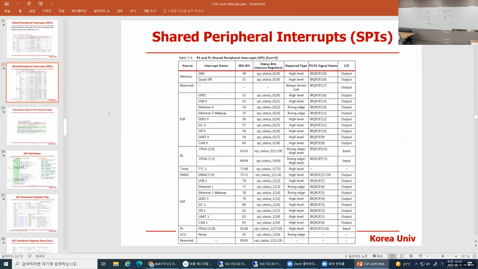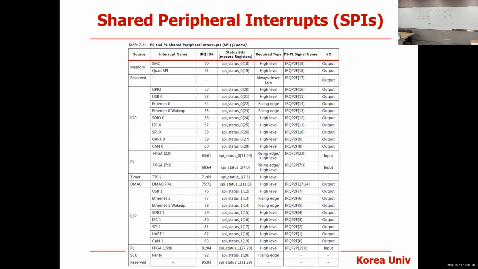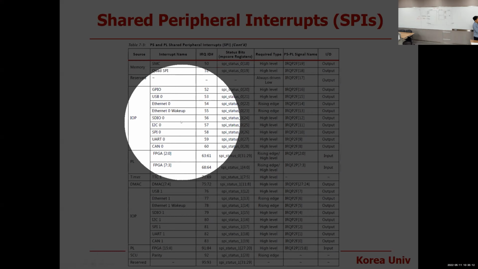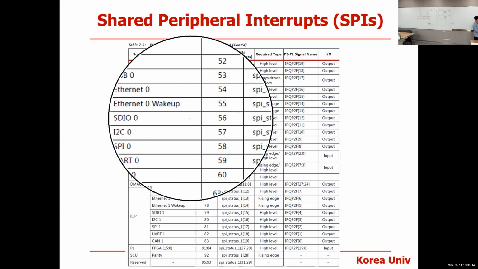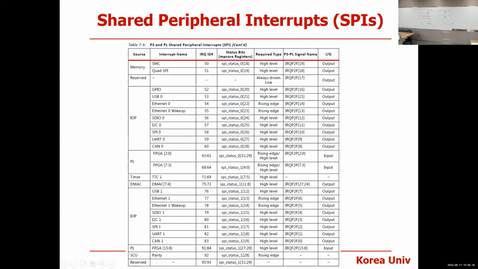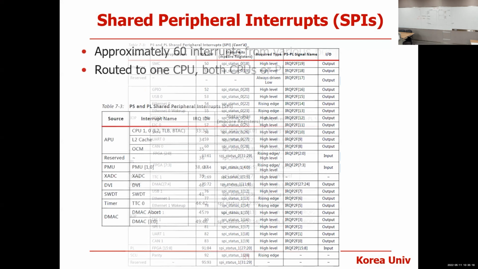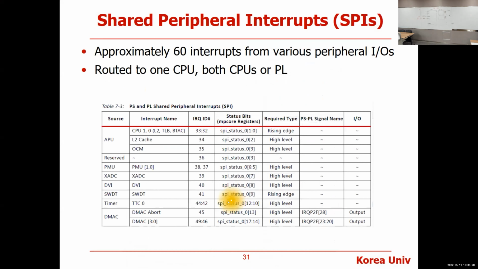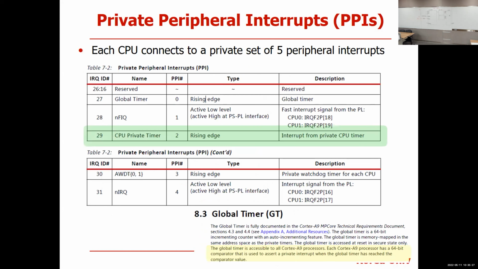So if you look at this table, look at this slide. This is SPI and PPI. Private timer, so the ID is 29. That is fixed. You don't have any choice.